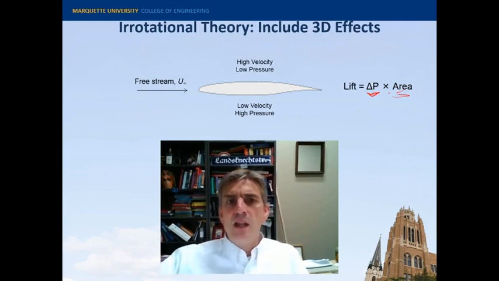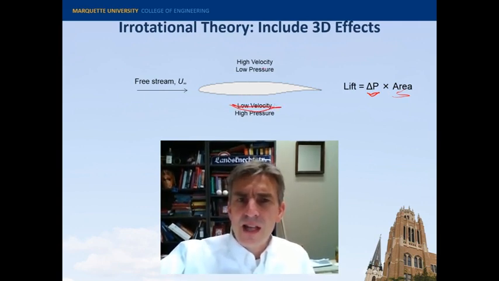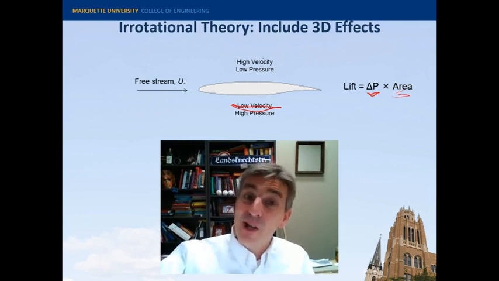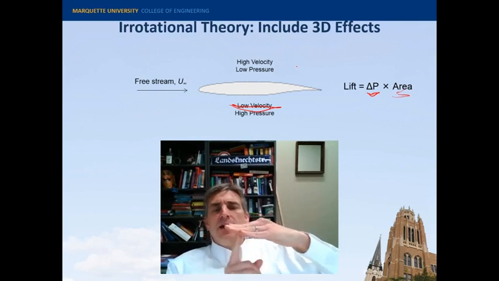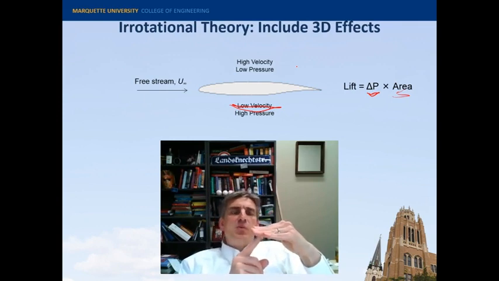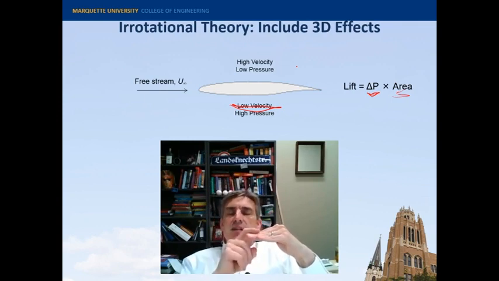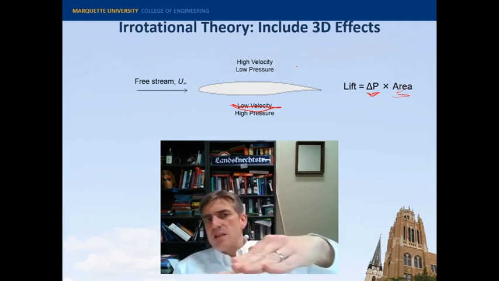Now, if you had high pressure on the bottom and low pressure on top, as you got towards the tip of the wing, flow likes to go from areas of high pressure to low pressure, right? So as you got to the tip, it would just want to kind of circumvent the wing and go around the edge. So this wing is flying along in this direction.